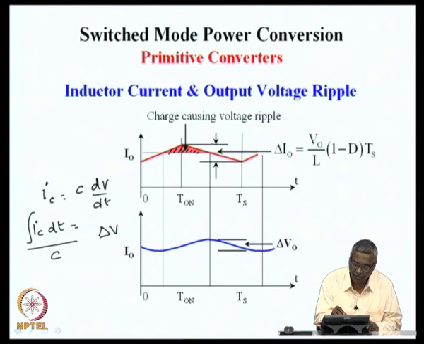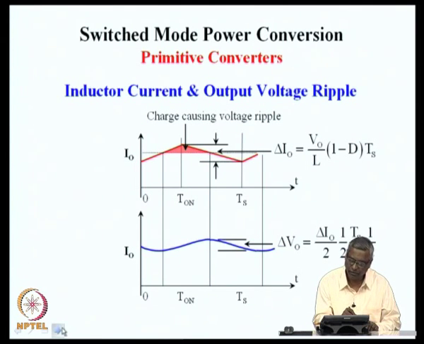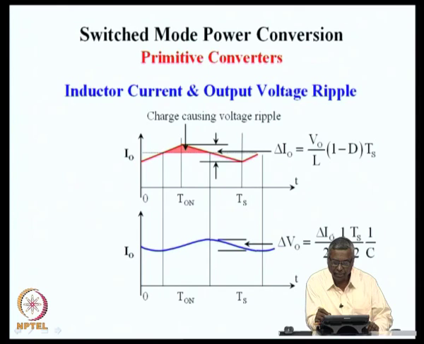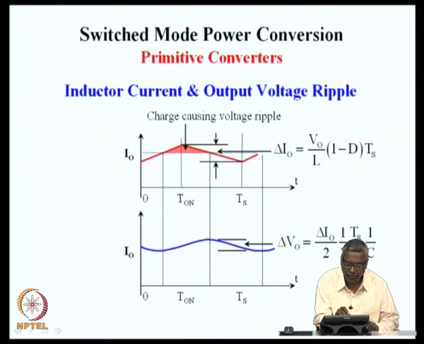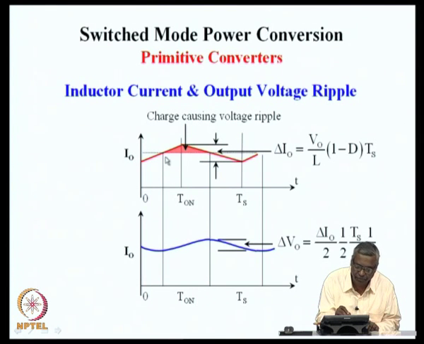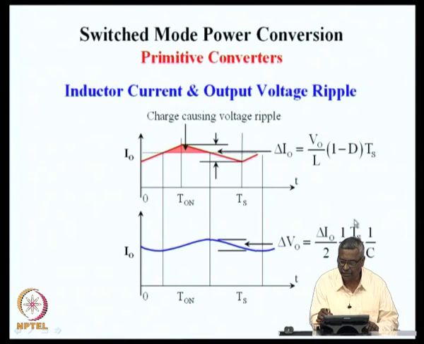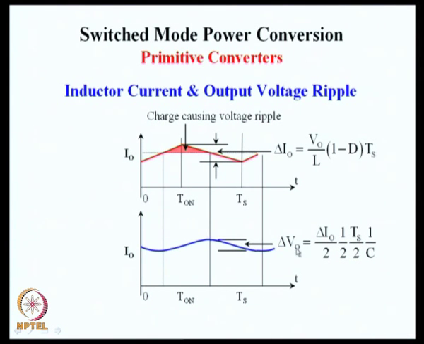So, if the ripple is known as V naught by L into 1 minus d Ts, the area of this triangle is the charge that is transferred to the capacitor during the minimum to the maximum voltage, and we can write delta V naught to be delta I naught by 2 is the height of this triangle, and 1/2 is for the area of the triangle, and the duration from here to here is Ts by 2, and this entire charge divided by C is delta V naught.